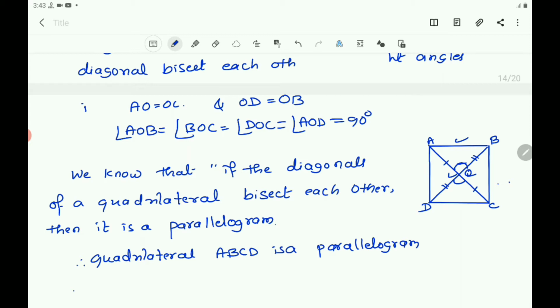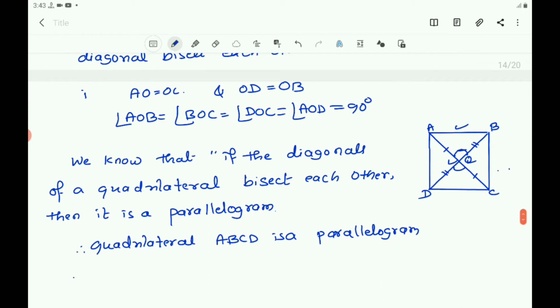Now in a parallelogram, opposite sides are equal, opposite angles are also equal, and the consecutive angles on the same side of the transversal are supplementary. Therefore you write AB equals DC and AD equals BC.